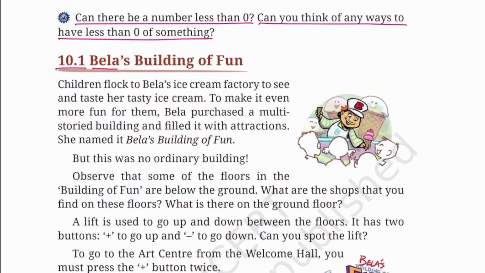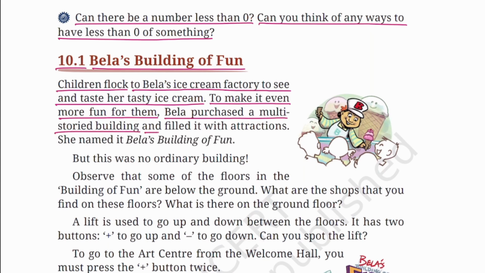10.1 Bella's Building of Fun. Children flock to Bella's ice cream factory to see and test her tasty ice cream. To make it even more fun for them, Bella purchased a multi-storied building and filled it with attractions. She named it Bella's Building of Fun.